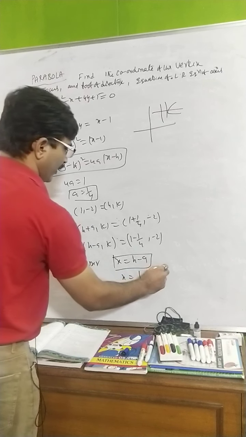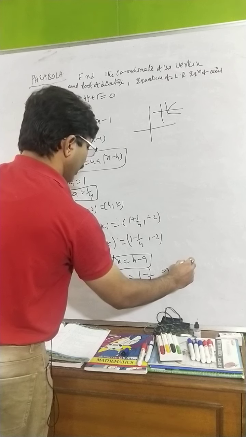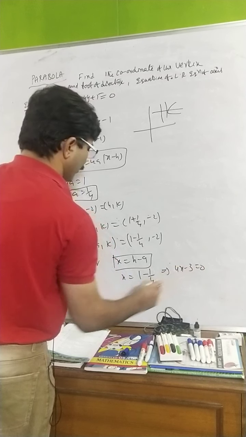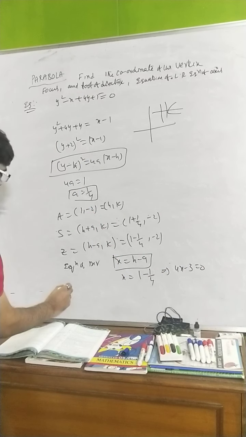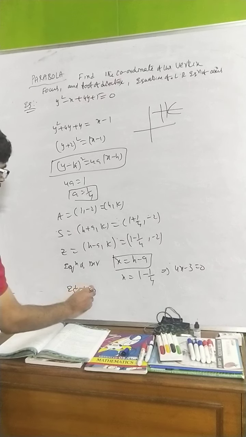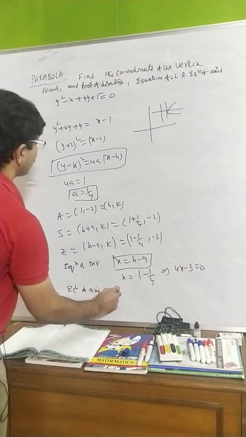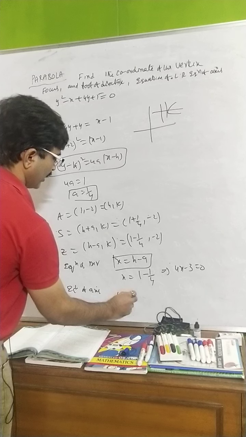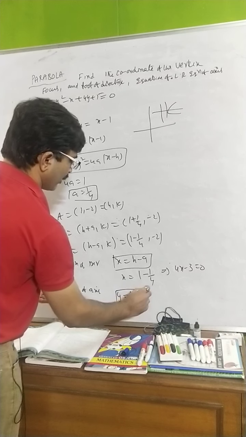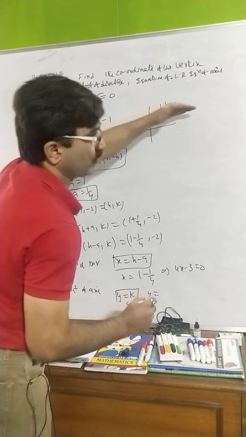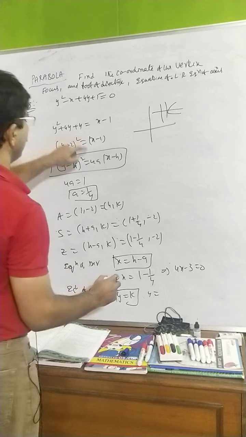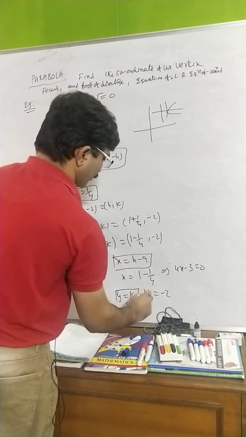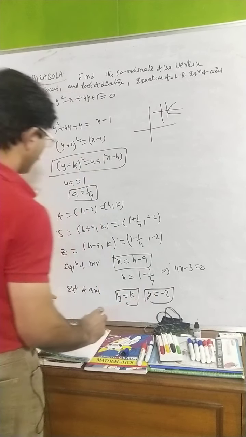Finally you will get 4x minus 3 equal to 0. Now the equation of axis is very simple: y is equal to k. The value of k here is minus 2, so y is equal to minus 2.